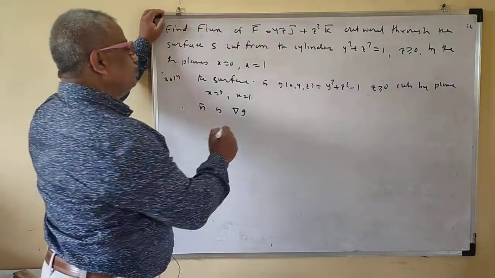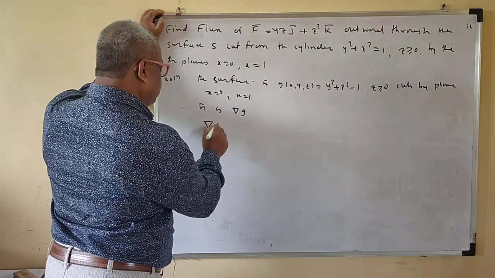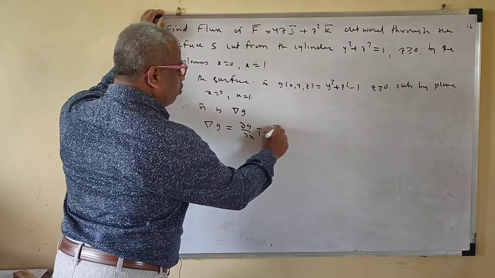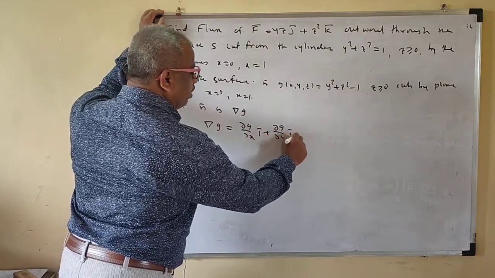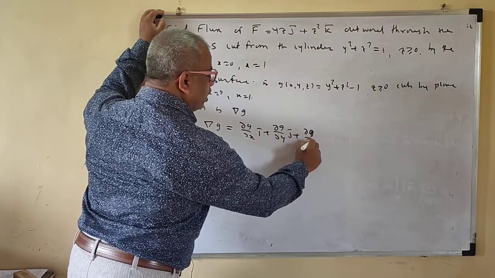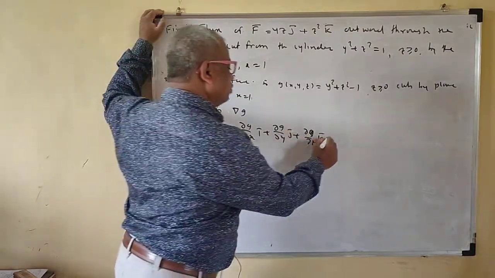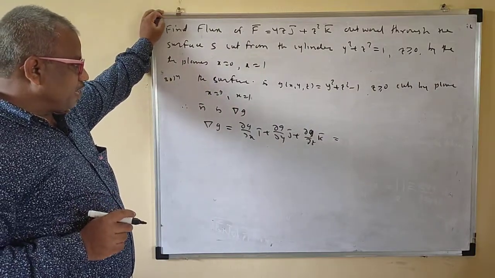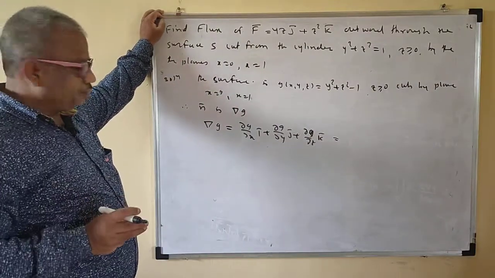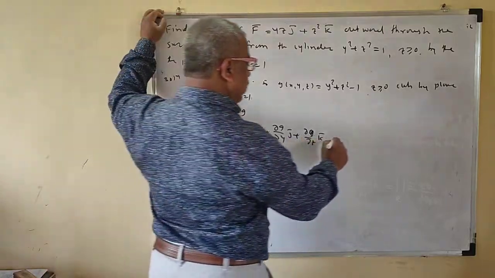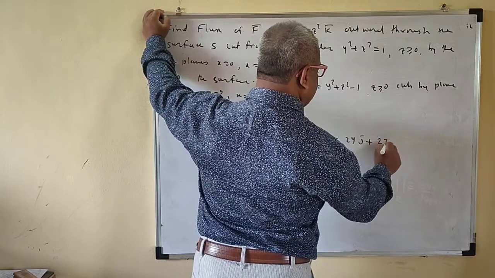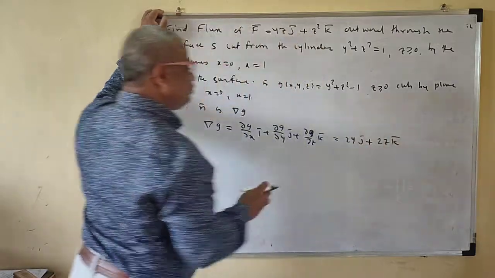Now ∇G. This is ∂G/∂x i bar plus ∂G/∂y j bar plus ∂G/∂z k bar. ∂G/∂x is 0. ∂G/∂y is 2y j bar, plus 2z k bar.